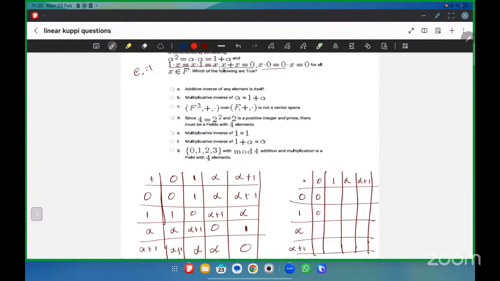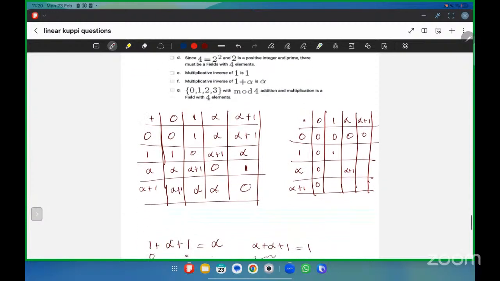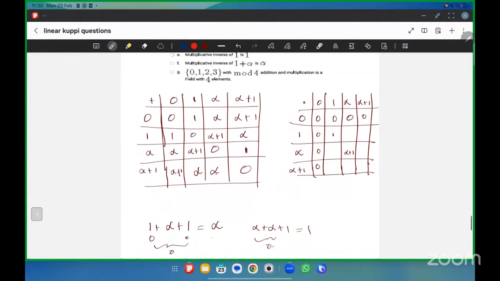And 1 into 1 is 1. So alpha squared is equal to alpha plus 1. And (alpha plus 1) into (alpha plus 1) is alpha squared plus alpha plus 1, so it is equal to alpha plus 1 plus alpha plus 1.